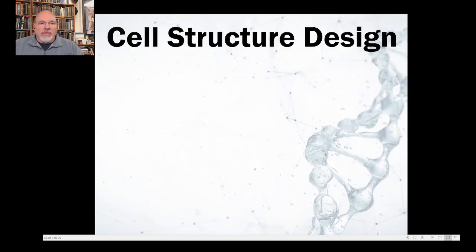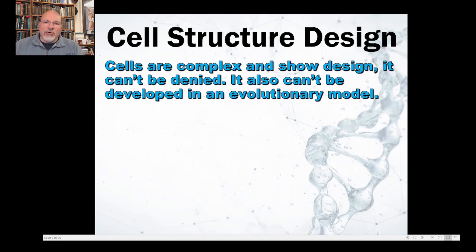Now, when we get into cell structure and design, there's a great book by Stephen Myers called Signature of the Cell, which I know he just updated, if you're interested in really digging in. However, for our brief analysis, cells are complex and show design.